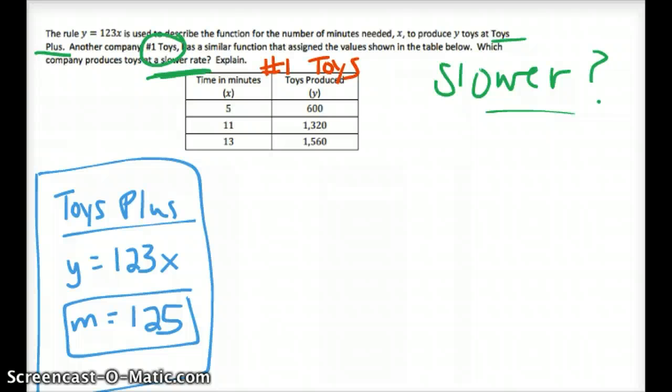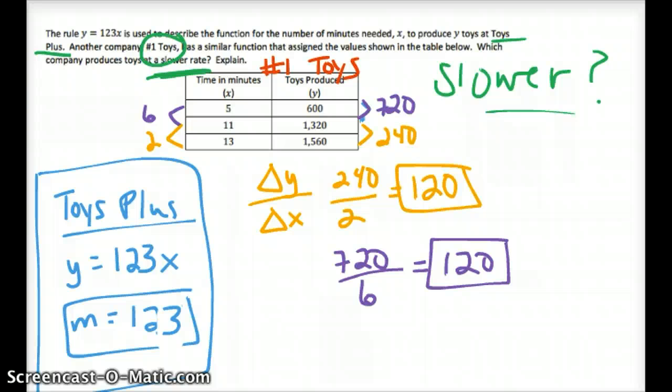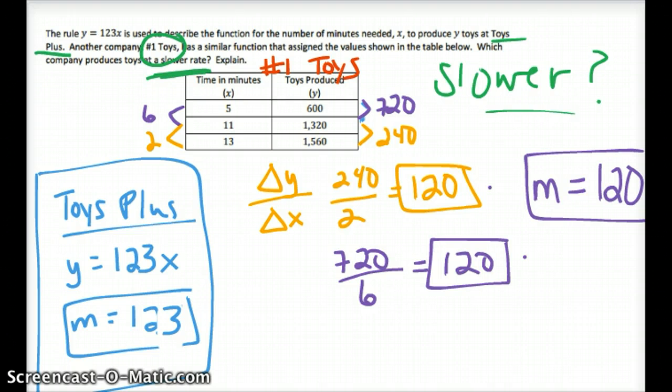So if my equation is y equals 123x, my slope is 123. And now I need to find change in y and change in x in my table. So when I found my rise over run, or my slope, I did change in y over change in x, and they were both 120. So my slope for Number 1 Toys is 120.